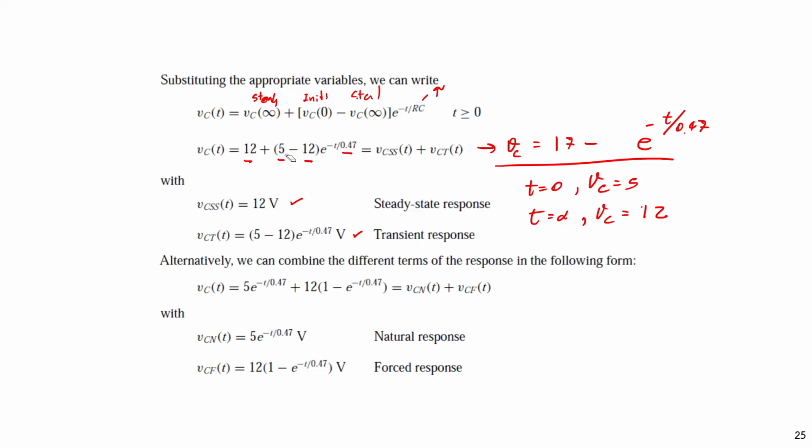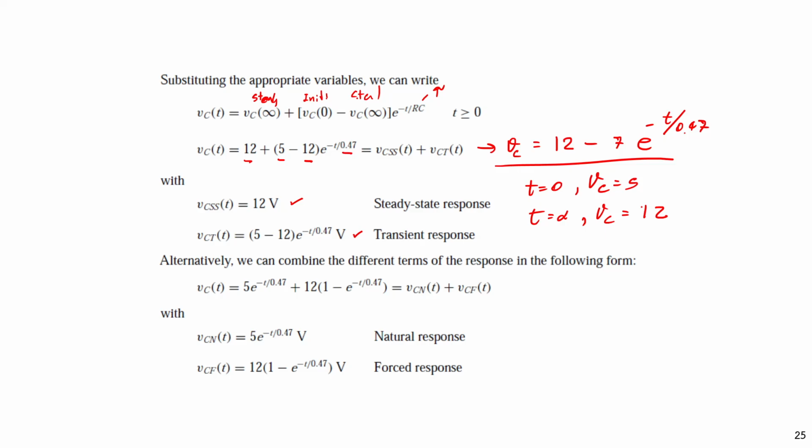When t is 0, Vc is 5. As t goes to infinity, Vc is 12. Sorry, I'm confusing myself. This term, 12 minus 7: when t is 0, it is 7, and when t is infinity, it approaches 0.